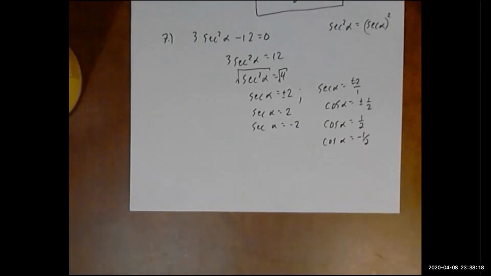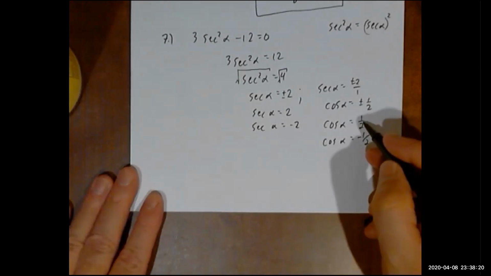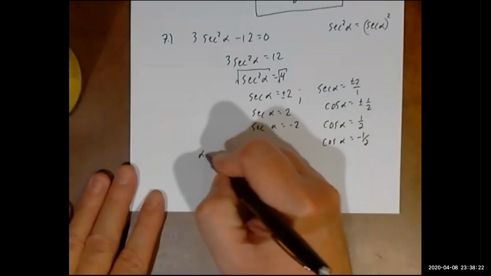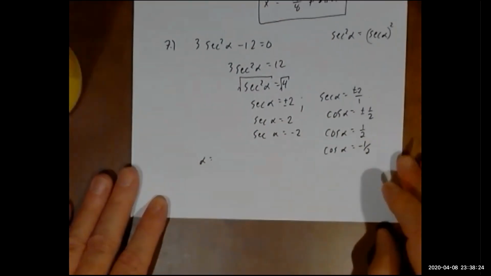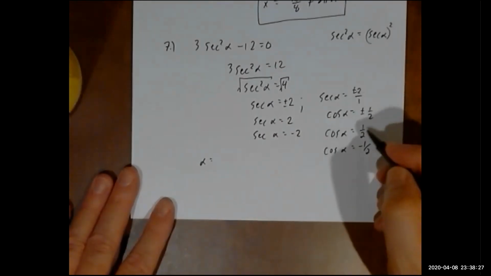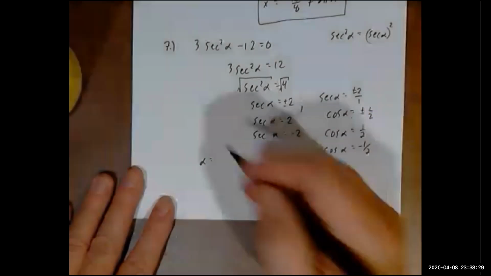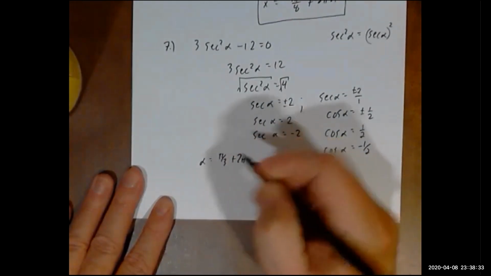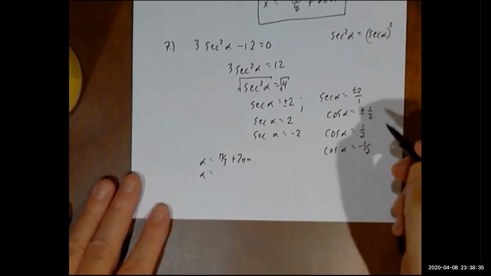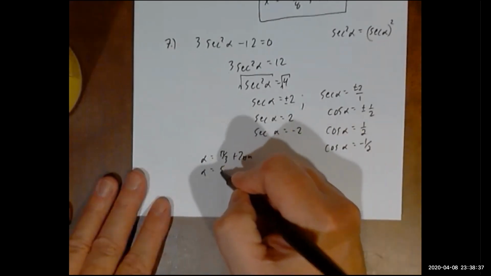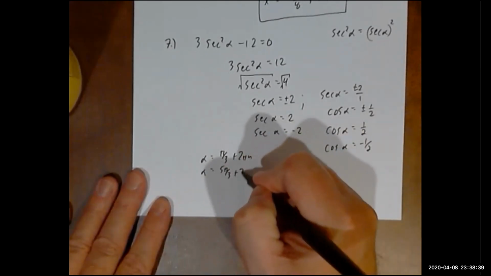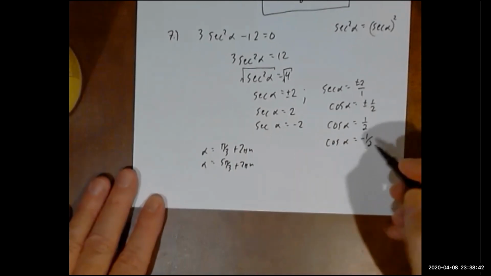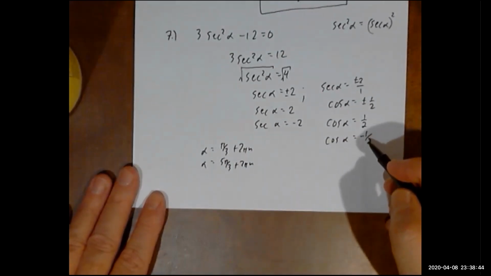So now I've got to go around the unit circle. Let's first do cosine of alpha is 1/2. Where's the cosine 1/2? Well, I know my unit circle pretty well. You can look if you need to, but I know it's going to be pi over 3 plus 2 pi n. And also 5 pi over 3 plus 2 pi n. Now how about cosine of alpha equals negative 1/2?